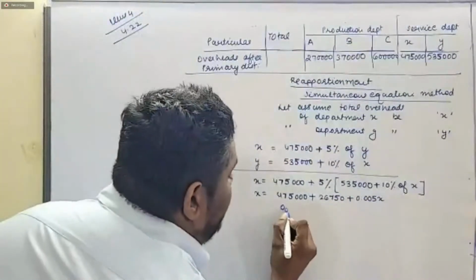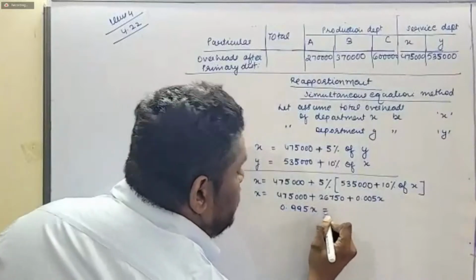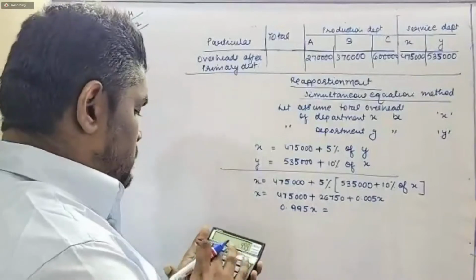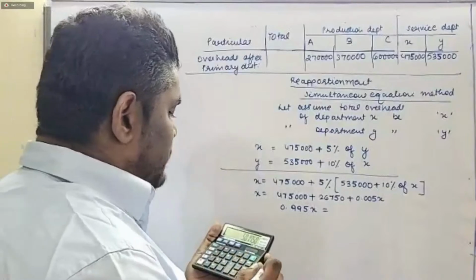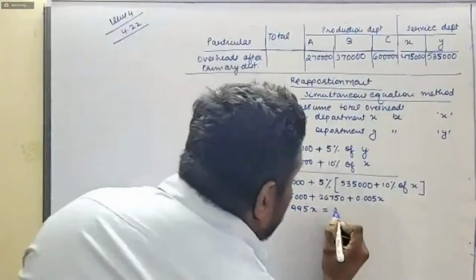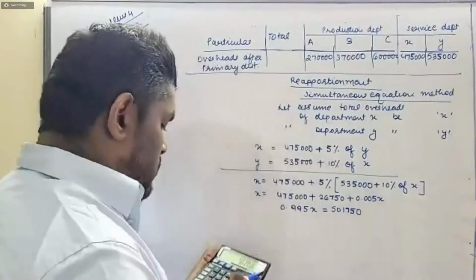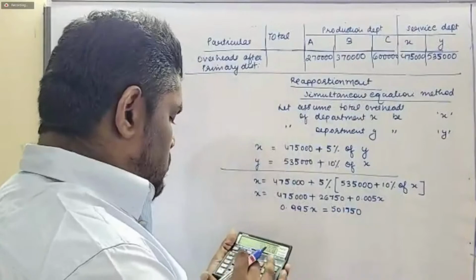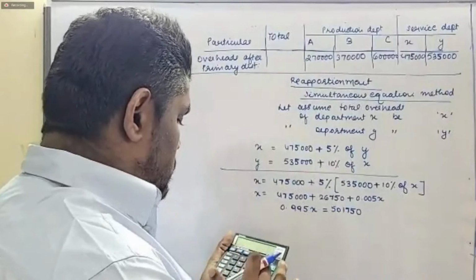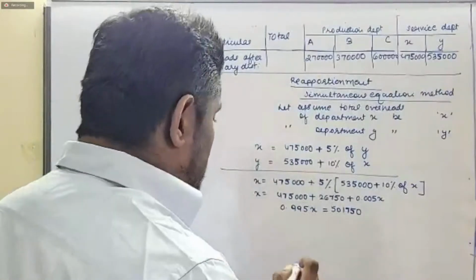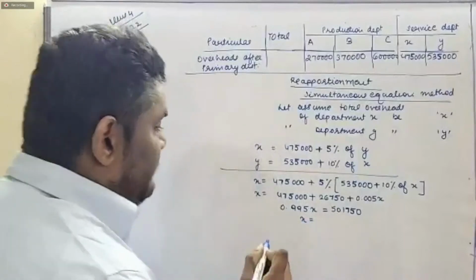So this will be 0.995x equal to 501750. So the value of x will be 504271.